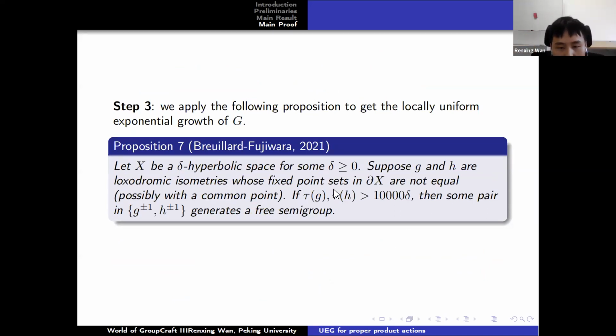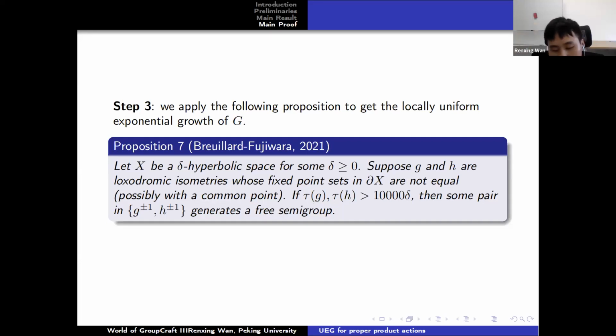If tau(g) and tau(h) are bigger than 10,000 delta, then some pair in the subset will generate a free semigroup. Here, tau(g) means the stable translation length of g. It is almost the same as the displacement of g. They have an error bounded by 16 delta.